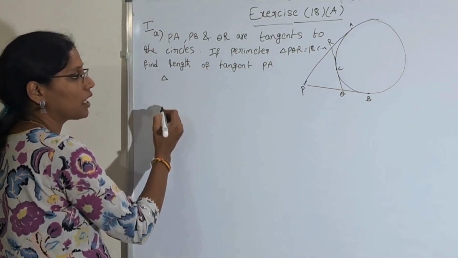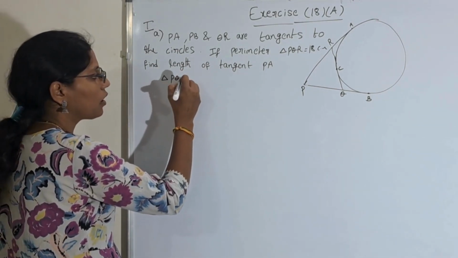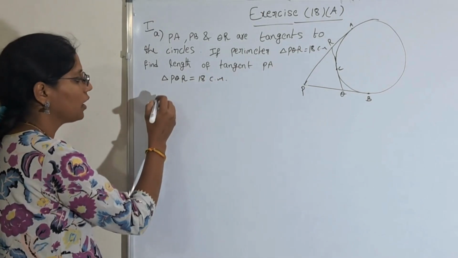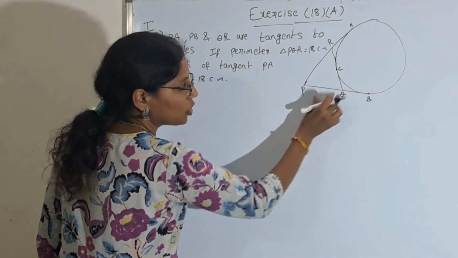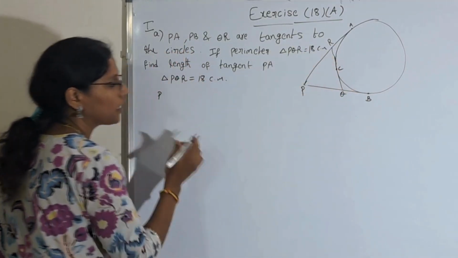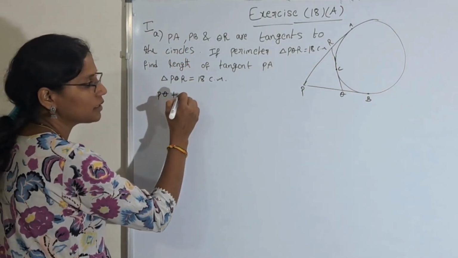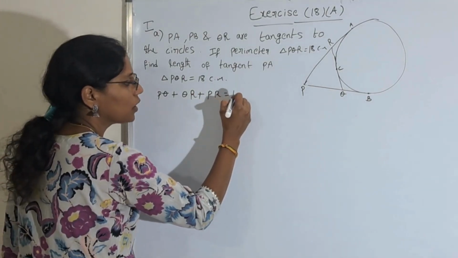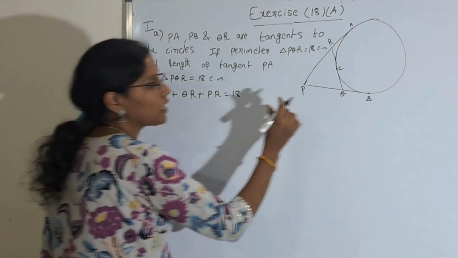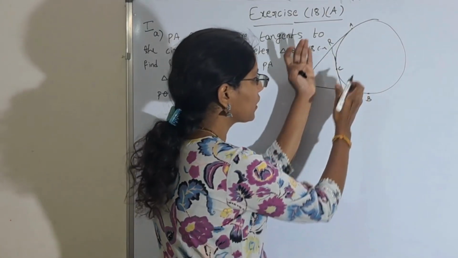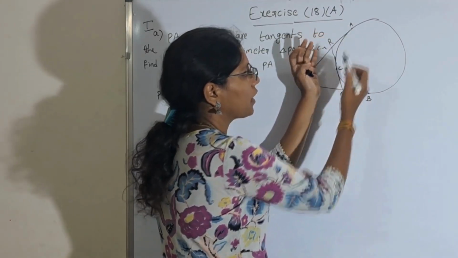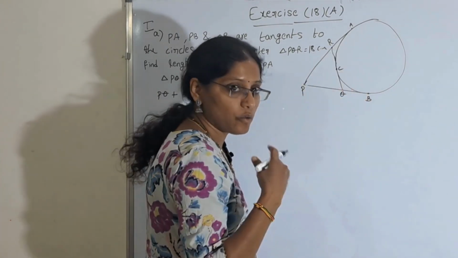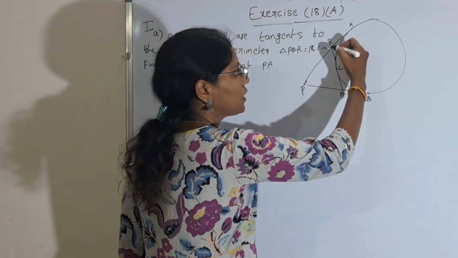First, the given conditions we have to take. The perimeter of triangle PQR is 18 centimeters. Triangle PQR perimeter means the sum of all sides, PQ plus QR plus PR is equal to 18 centimeters. First we have to observe here that RC and RA are both tangents to the circle from the external point, so RC is equal to RA.